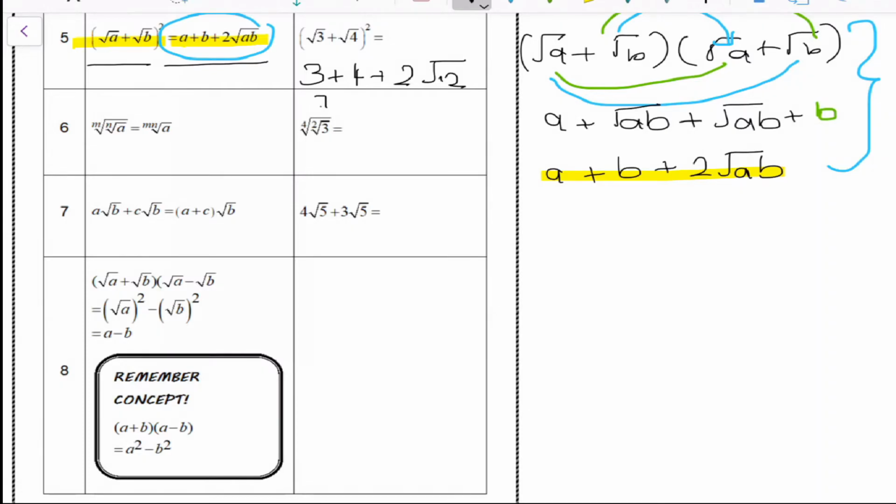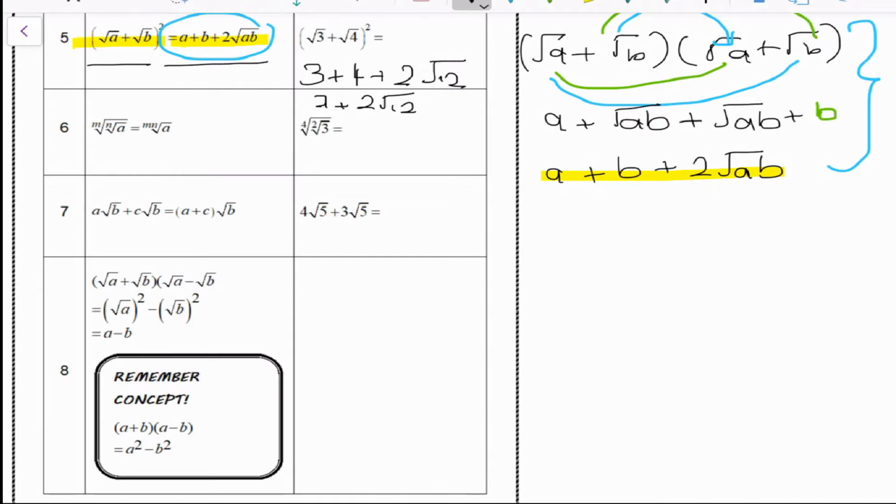So the answer is 7 plus 2 surd 12. Right? So instead of expanding the bracket and multiplying each term, which takes much time and effort, if you remember, memorize and understand this rule, you can simply go straight to the answer.